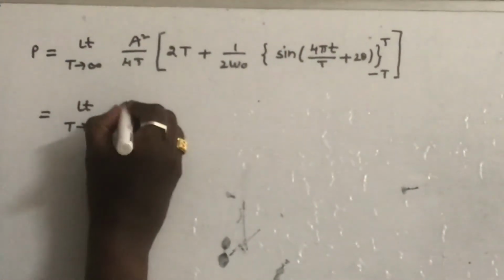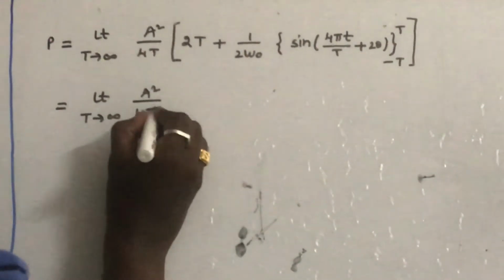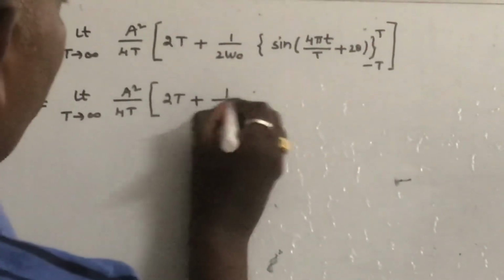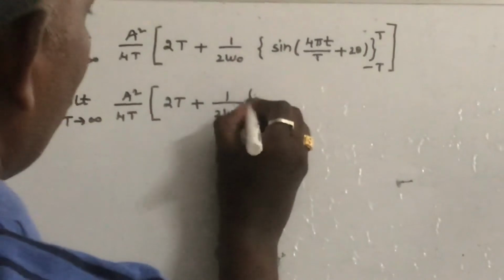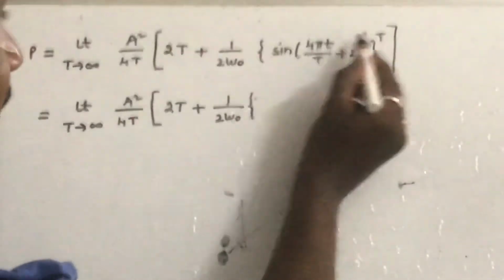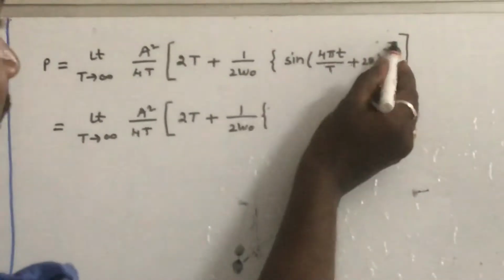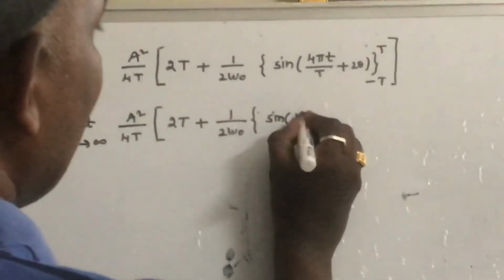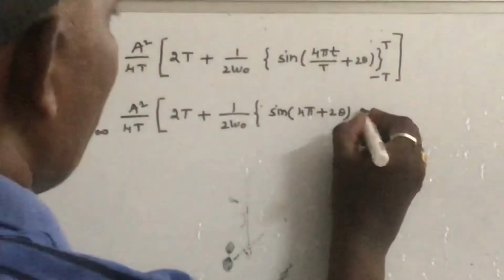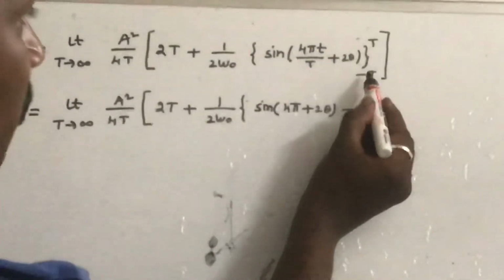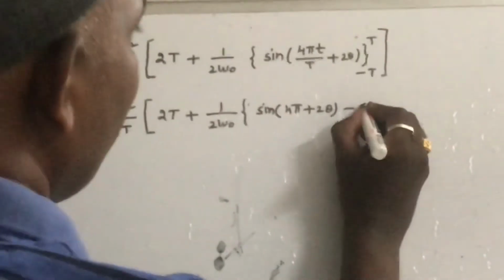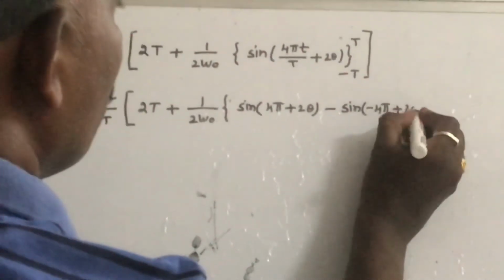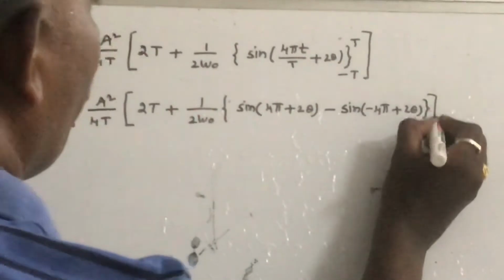So A square by 4T, keep it. The first integration answer is 2T, plus 1 by 2 omega 0. If you substitute T in place of small t, the T gets cancelled. So the first term is sine of (4 pi plus 2 theta) minus the lower limit. If you substitute minus T in place of t, you will get sine of (minus 4 pi plus 2 theta).